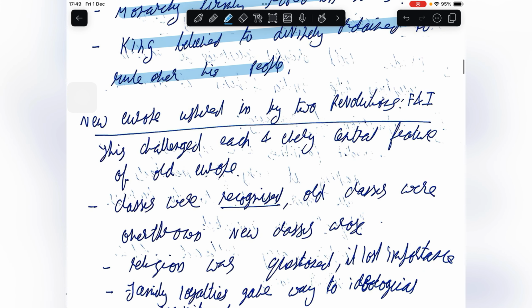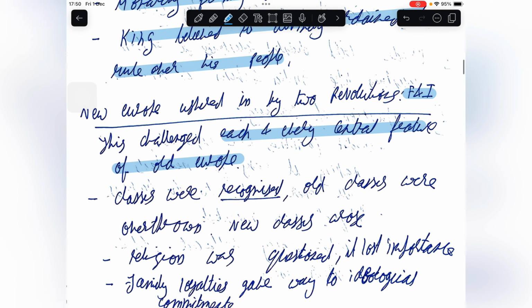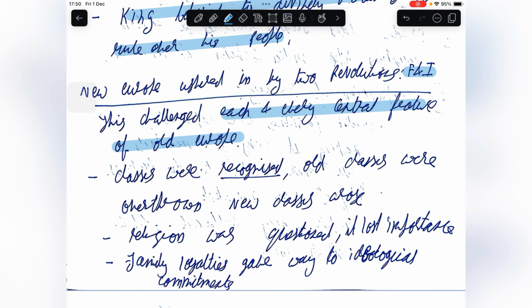New Europe was ushered in by two revolutions, namely the French and Industrial Revolutions. Basically both challenged each and every central feature of the whole of Europe. Classes were reorganized, old classes were overthrown, and new classes arose.